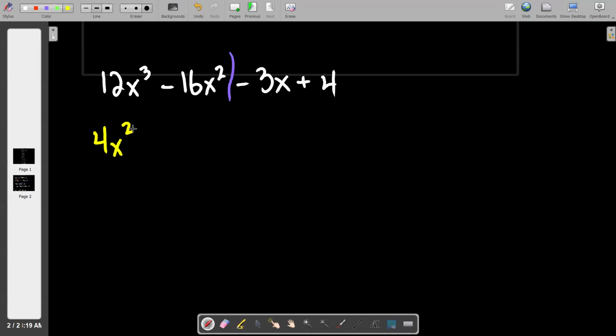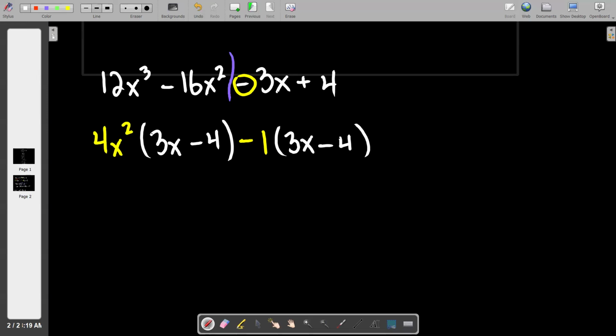You have to pull as much as you can. What is left over? 3x minus 4. Very good. Next step. Drop the minus. What can you get out of 3x and 4? Nothing, aka 1. Good. Thank you for saying that, Steve. When it looks like there's nothing, take the 1. What's left over if I pull out that negative 1? 3x, change the sign, 4.